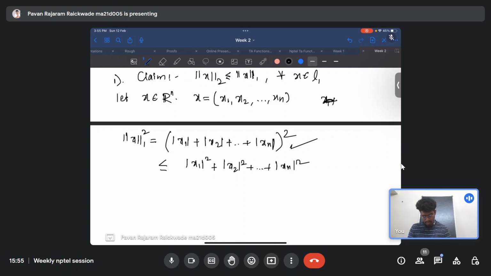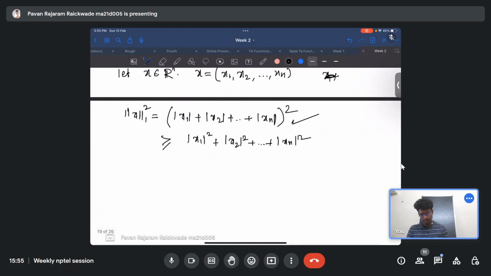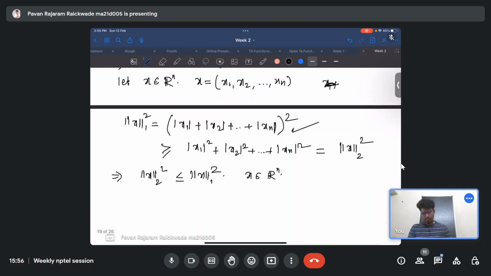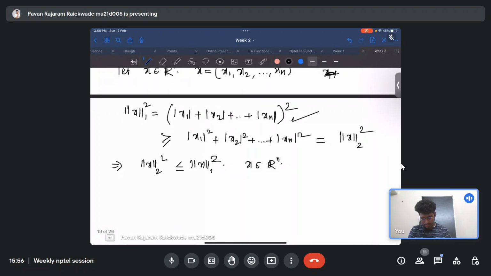Oh, I reversed the inequality. This will be greater than or equal to this. Okay. And now what is this thing? This is just the norm x 2 norm squared. So we're done. So the 2 norm of any x is less than or equal to the 1 norm of any x, x belonging to Rn. This is for finite dimensional cases.